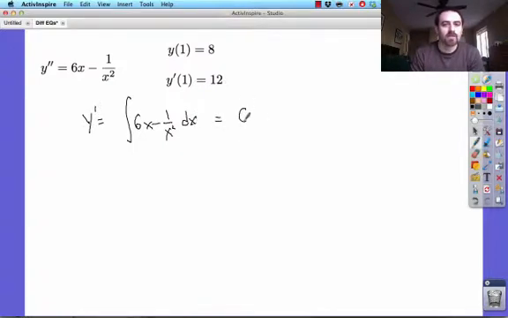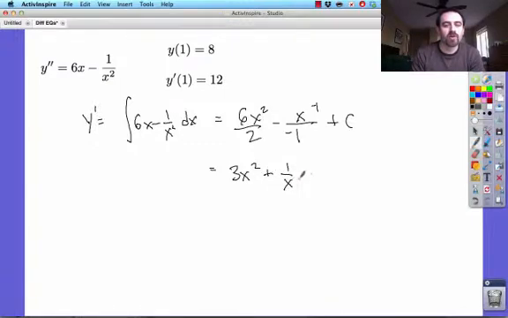We're going to get 6x squared over 2 minus, this is x to the negative 2, so I'm going to get negative 1 over x to the negative 1, plus c. Let's go ahead and simplify that: 3x squared plus 1 over x plus c. Okay, so that's y prime.